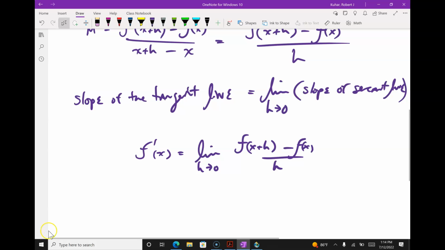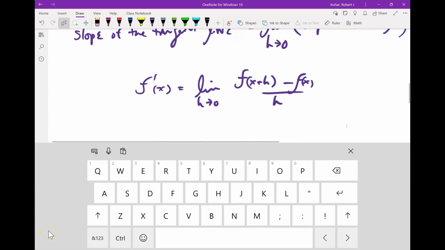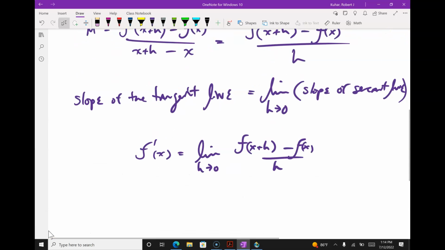What do we call that? Who remembers? The derivative. The derivative is a function that will tell me the slope at any single point on the curve. If it exists, it has to exist. The derivative is the function that tells me the slope at any point.